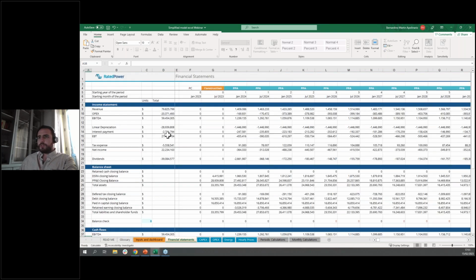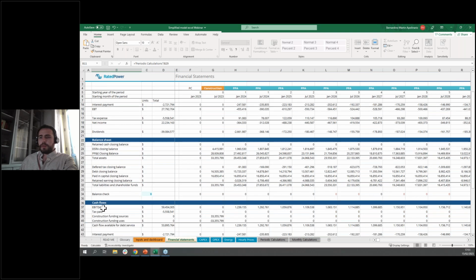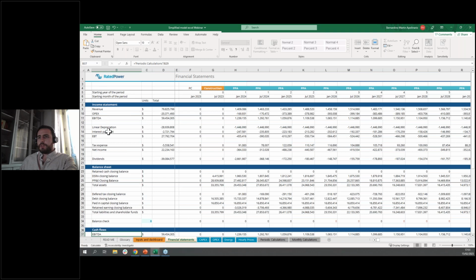Okay, we have also here the financial statements with the revenue, the OPEX, the EBITDA. Then we can use also this EBITDA. If we have the working capital, we can calculate the cash flows. In this case, we assume that everything is paid instantly and the money is received instantly. So we are not having some working capital here. So basically, all this cash is the same one.